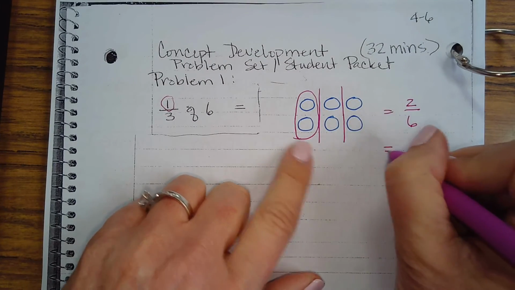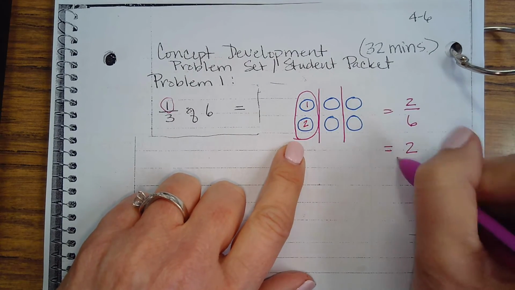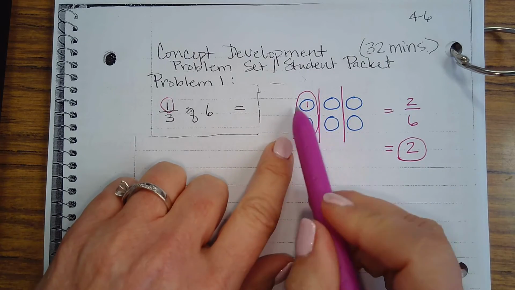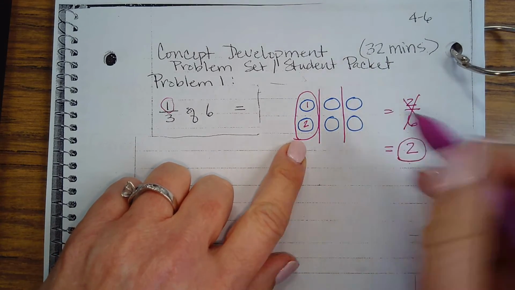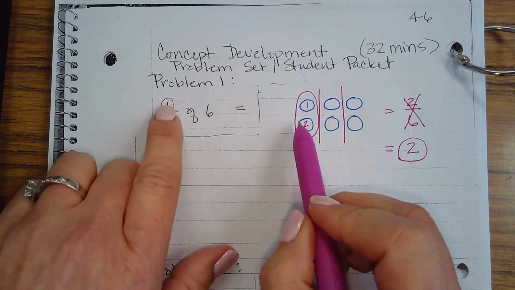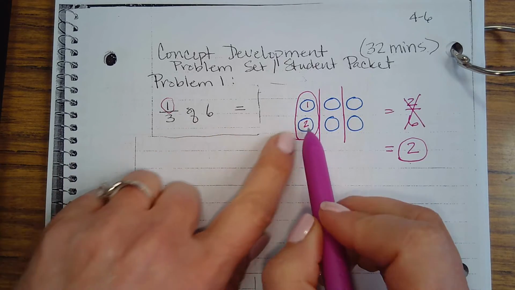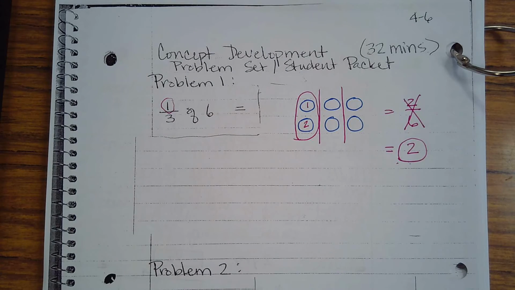So how many counters is this? It's 2. So 2 of a 6 is equal to 2. So I'm going to take that off. So 1/3 of 6 is equal to 2. Let's try it again.